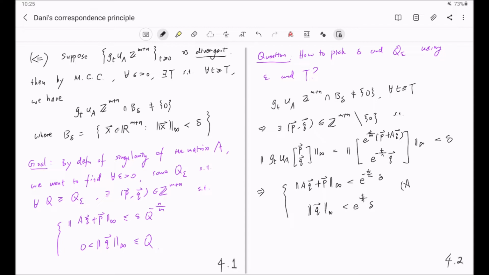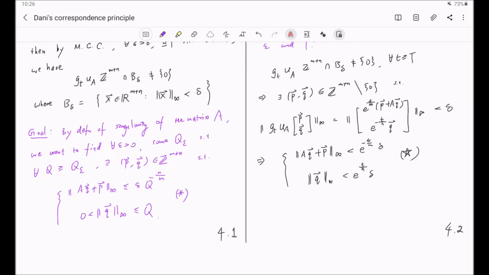Let's call those two inequalities the star. And as I said before, we denote this with an asterisk. So you must have seen some kind of connection between this and this. The next thing we want to do is get this asterisk system from this star system.